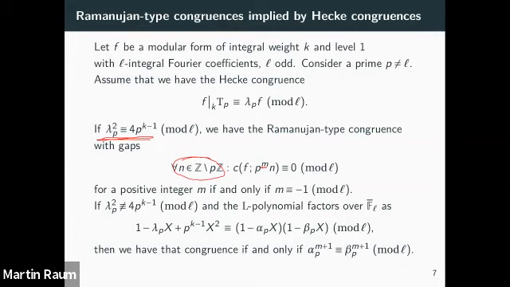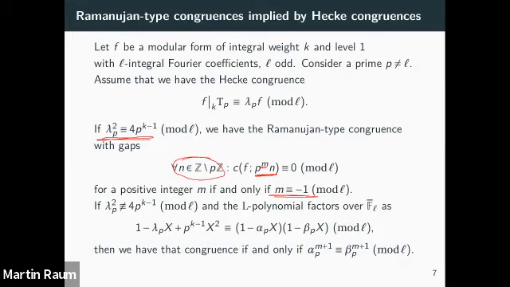It's a divisibility. It's the statement that if this term is exactly divisible by p to the m, then you have a congruence. So this is simply the fact that the Hecke operators are divisible. If you write out the fact that the associated Dirichlet series factors, then this immediately falls out. But you have those congruences if and only if m is congruent to minus 1 mod ℓ.